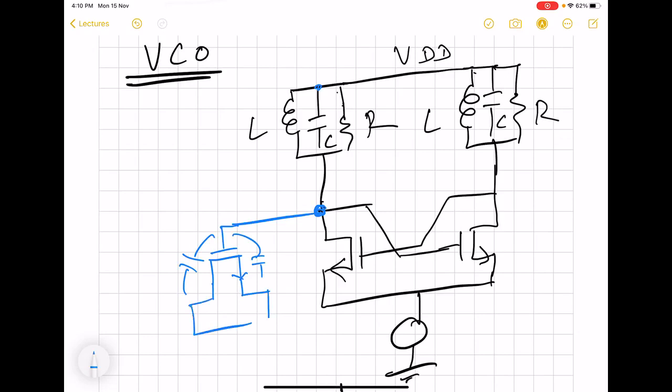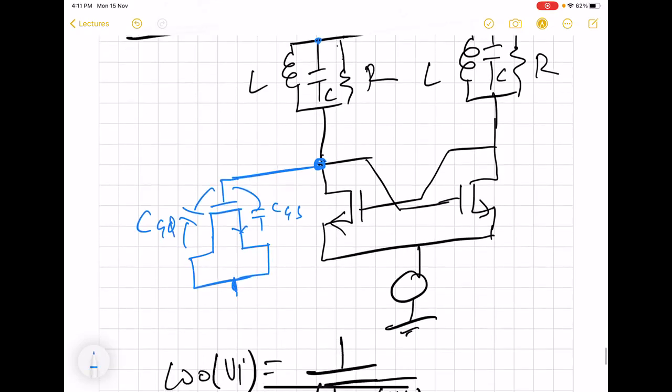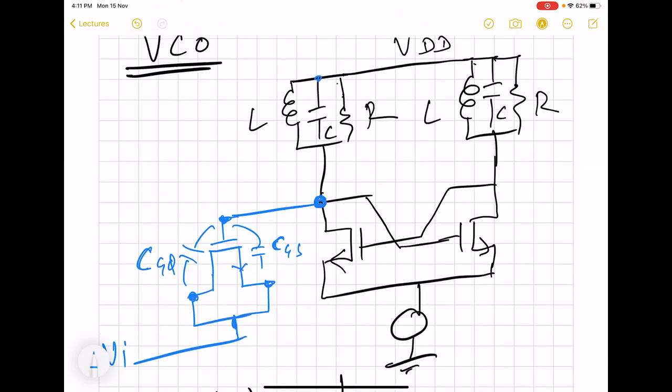We can now short these terminals so that these two capacitors come in parallel, and then we can have a voltage here, VI. Actually these two capacitors, gate to source and gate to drain, are affected by the voltage between gate and the drain or source terminal. So if we vary this VI, that means the voltage between gate and source or drain, then these capacitors will vary, and ultimately the total capacitance between drain and ground will also get affected.